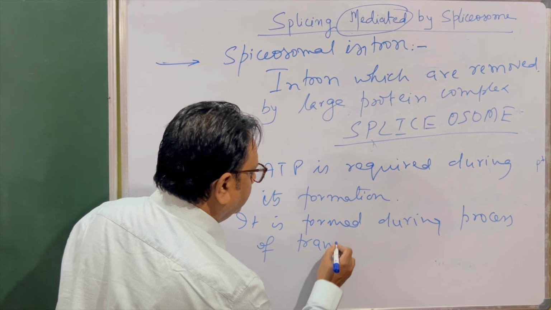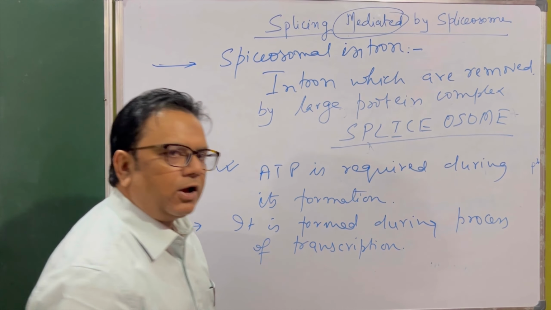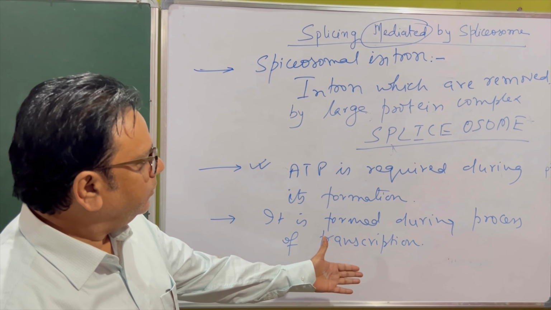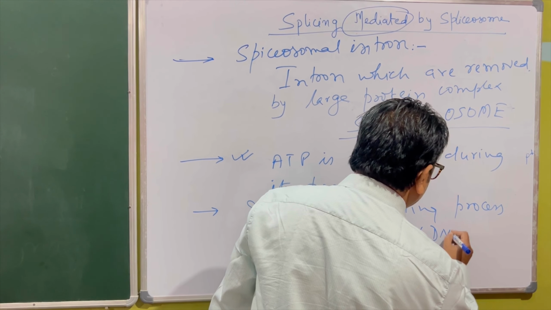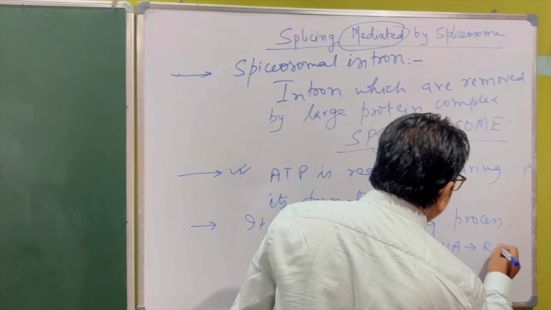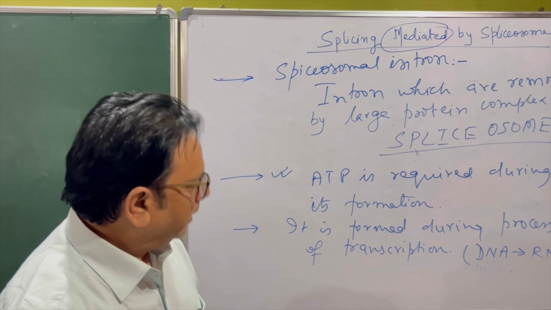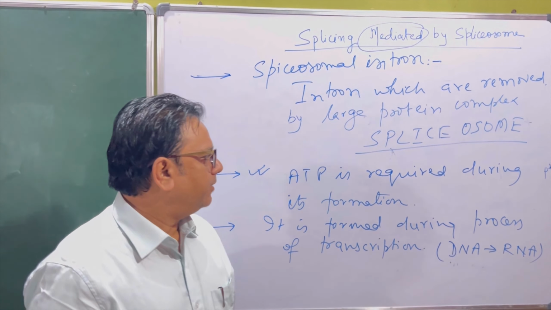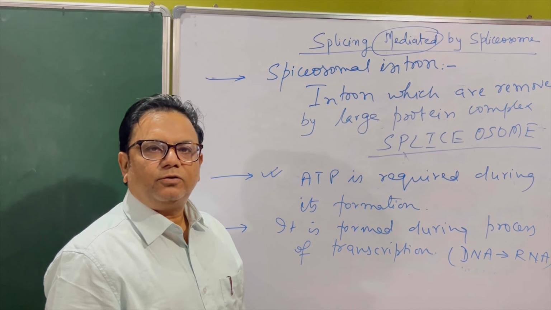So it does not pre-exist like other cell organelles, rather it is formed. Transcription, as you know, is the synthesis of RNA from DNA, and obviously, as I have said and written, ATP is required during its formation.